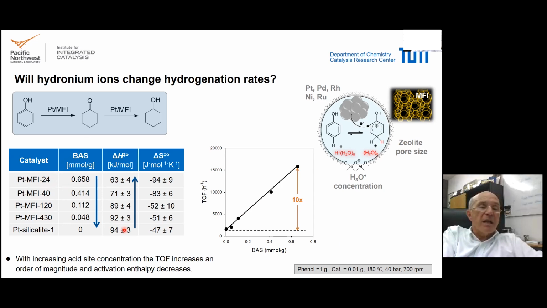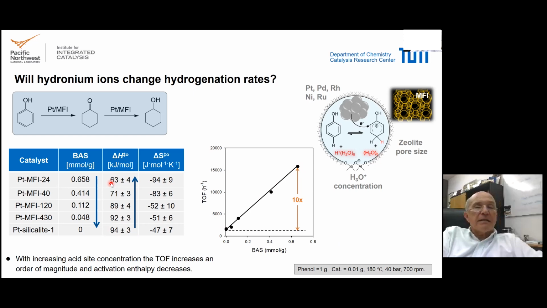And you see that the transition enthalpy changes drastically when you move from a basically proton-free environment to an environment where you do have a lot of hydronium ions. You see that the rate increases almost tenfold, and the activation energy is significantly lower.